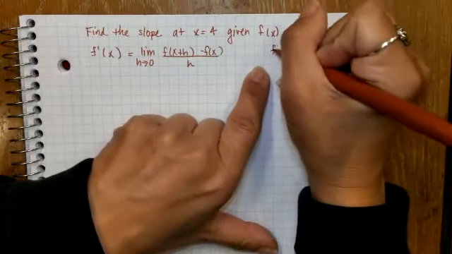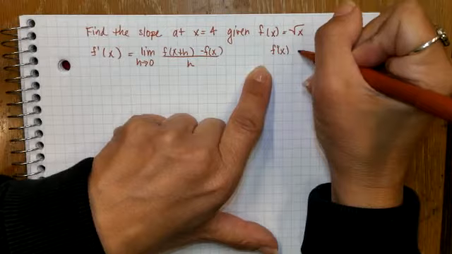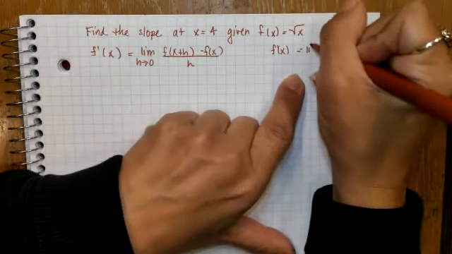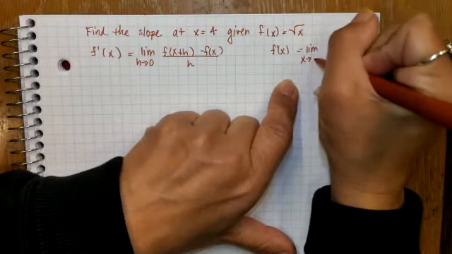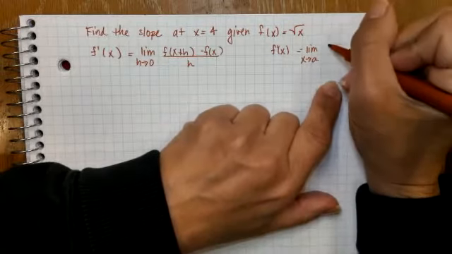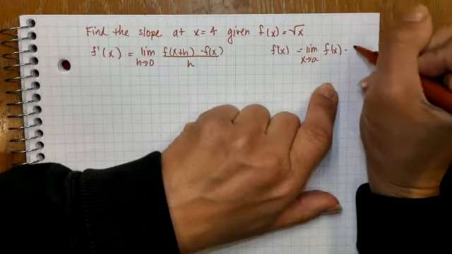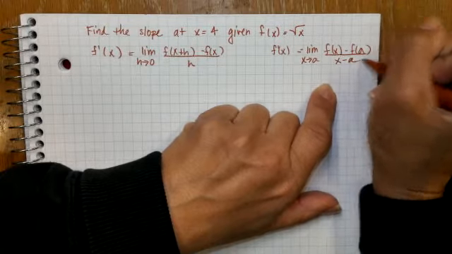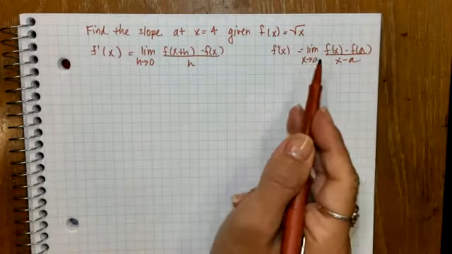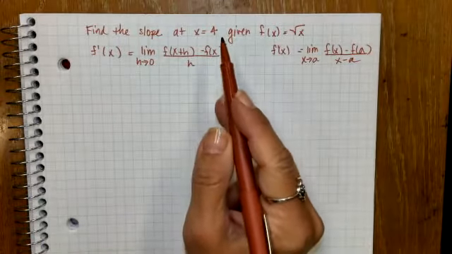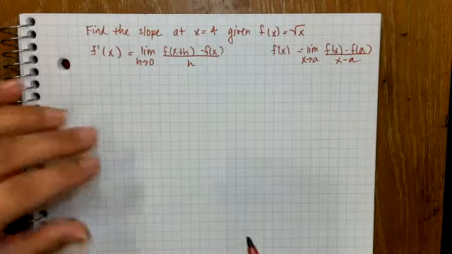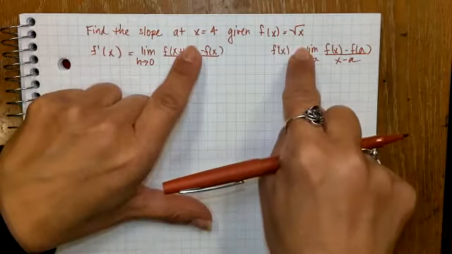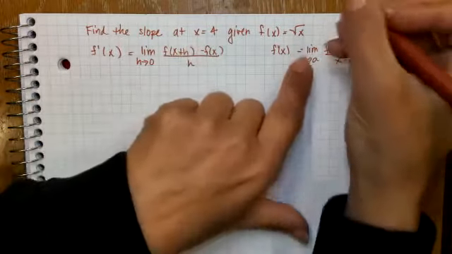And then we also have f prime of x is equal to the limit as x approaches a of f of x minus f of a all over x minus a. And this definition of the derivative will work because I have a specific point. So in this case, if x is 4, f of 4 is 2.